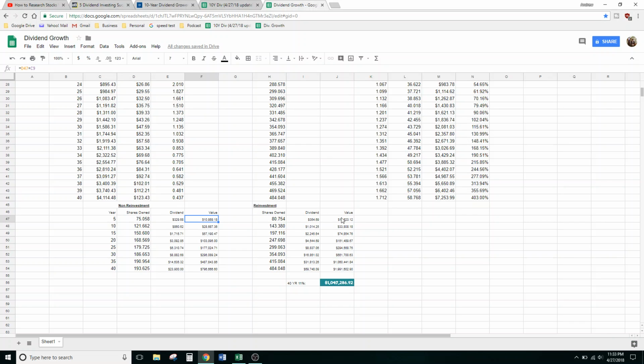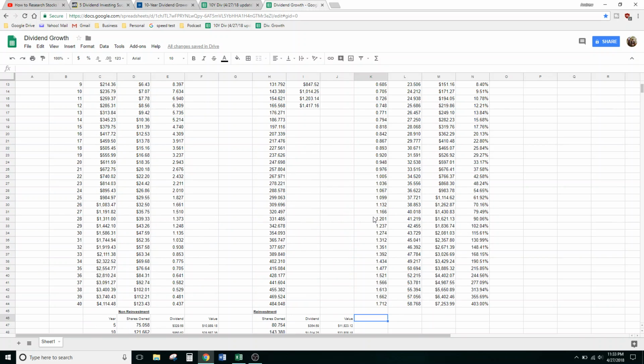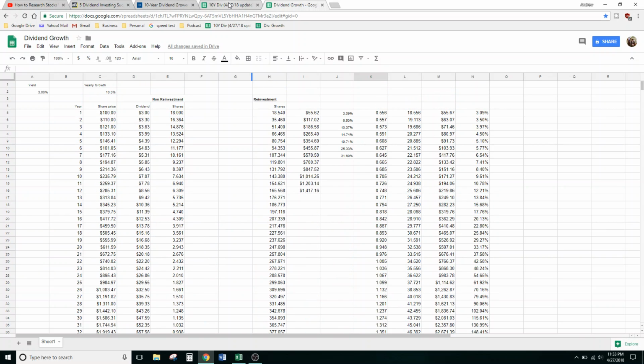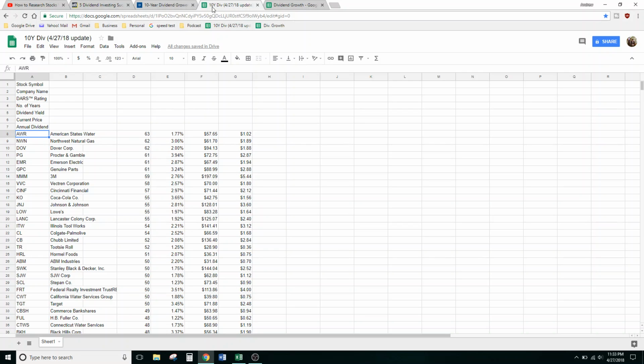Just 5, so maybe $1,000 more, not even. But then over 10 years, they have 20 more shares. Now they have 50 more shares. You see how it speeds up. It's exponential growth. That's compounding. It's multiplying on multiplying on multiplying on itself. And so it's so powerful.